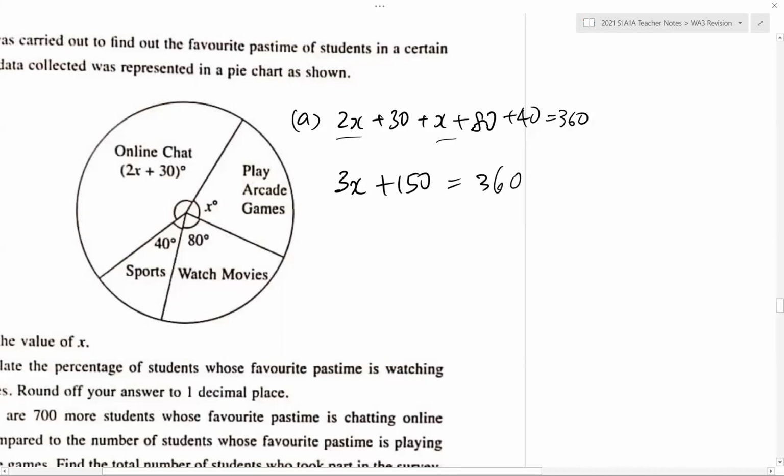Now we want to find x. 3x plus 150 is 360. Get rid of that 150 by subtracting 150, leaving us with 210. So 3x is equal to 210. 3 times something is 210. What must one of them be? You will have to divide.